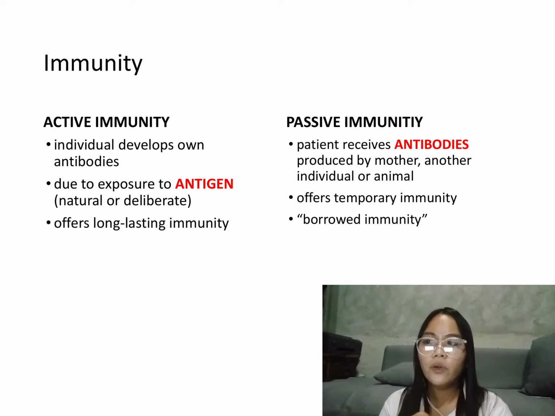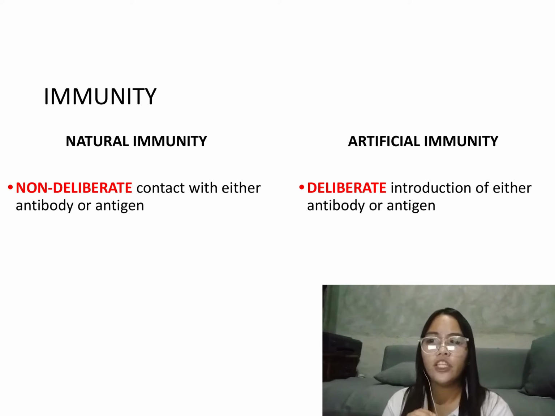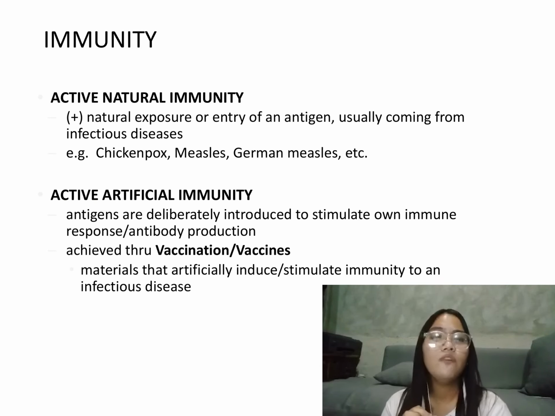Natural immunity, non-deliberate contact with either antibody or antigen. Artificial immunity, deliberate introduction of either antibody or antigen. Active natural immunity, natural exposure or entry of an antigen, usually coming from infectious diseases.